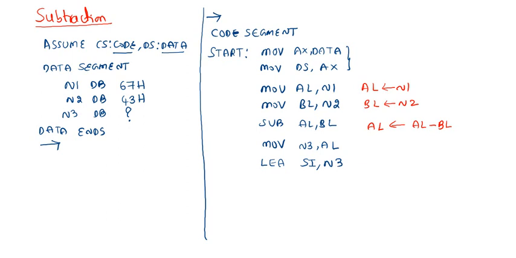By this you can know the exact location number of this N3. Then I am using the debug breakpoint to verify the result and register content. Now it is time to end the code segment. Then you can end the program which is started with the label start.